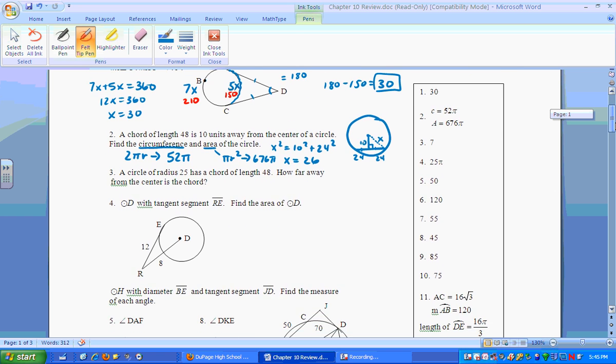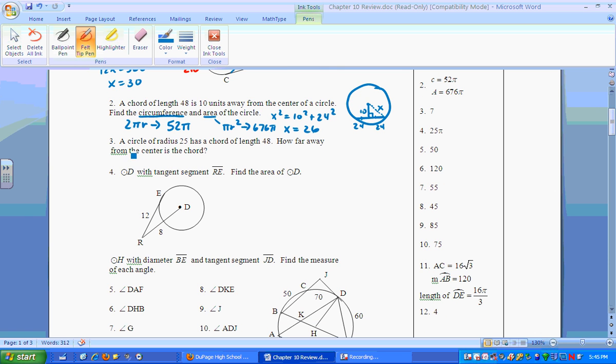Questions? No? Let's proceed on. Question 3. A circle of radius 25 has a chord length of 48. So we'll draw ourselves another circle. We have a chord length of 48 and a radius of 25. We want to know how far from the center is the chord.